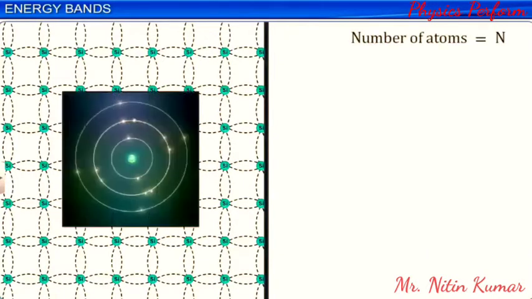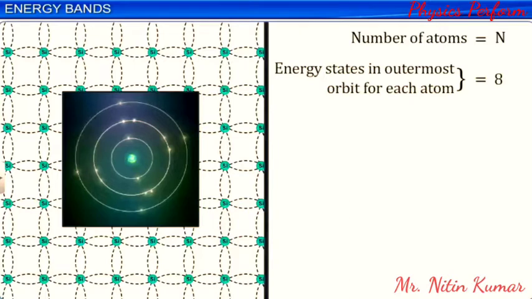As silicon has a crystalline structure, there are interactions between the neighboring atoms. Let us assume that there are n silicon atoms in the crystal, each with 4 valence electrons. For silicon, in the outermost orbit, there are 8 energy states available, out of which 2 states belong to 3s orbital and 6 states belong to the 3p orbital.